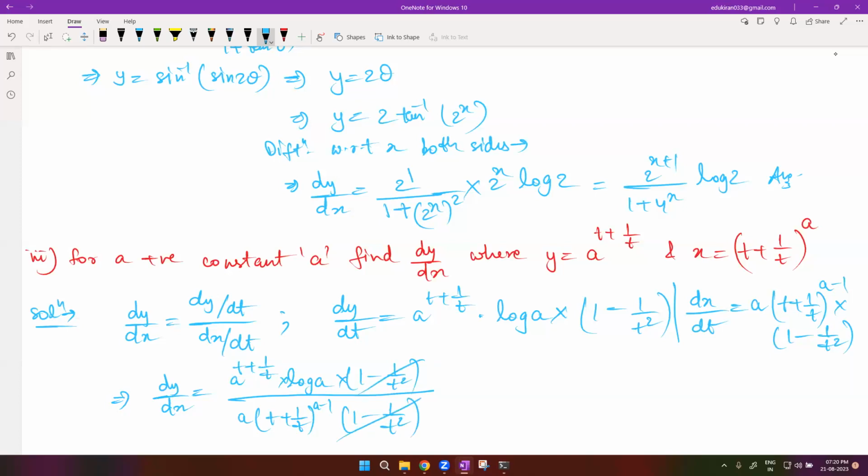This will get cancelled out. So the final answer is log a by a, times a to the power (t plus 1 upon t) divided by (t plus 1 upon t) to the power a minus 1.